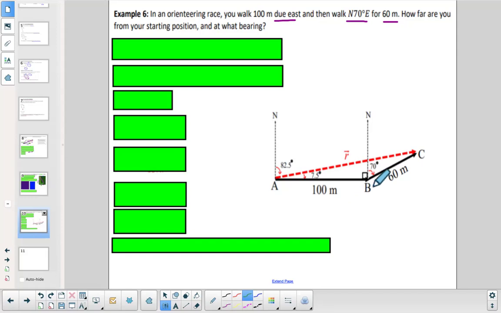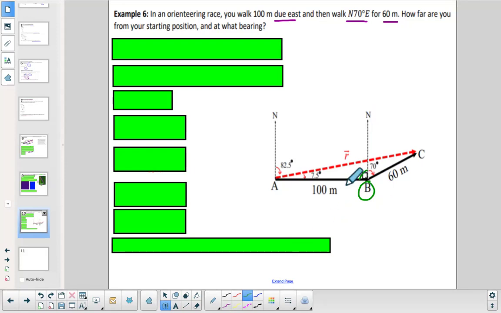So it's important to note that for angle B, when you drew this imaginary north line and then calculated the bearing, on the other side from north to west, that forms a 90-degree angle.